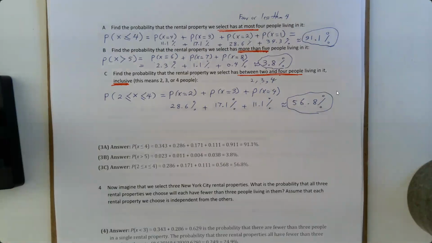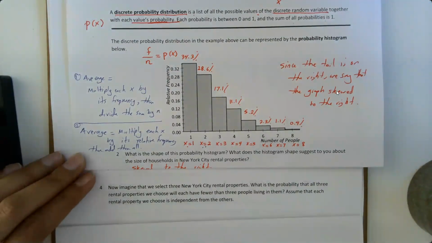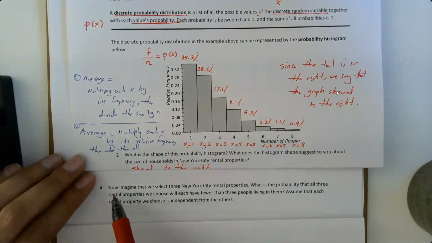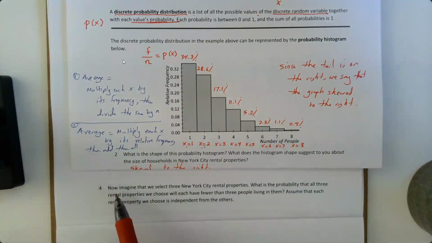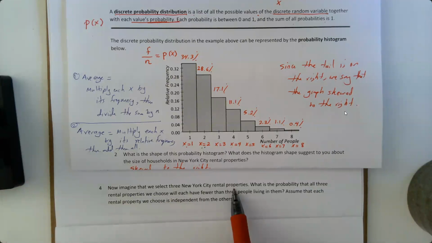Since we're going to use our table and relative frequency histogram, I'm just going to leave it up here. Question 4 says, now imagine that we select 3 New York City rental properties.